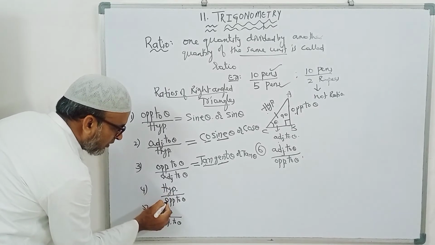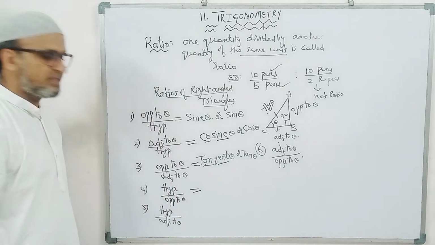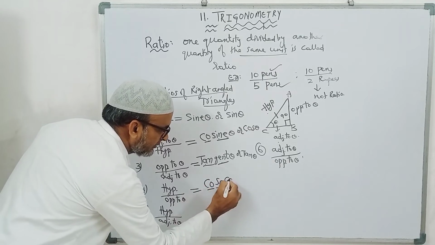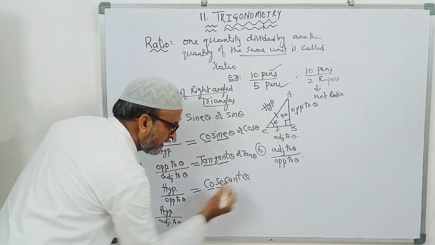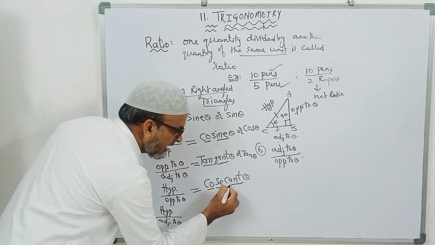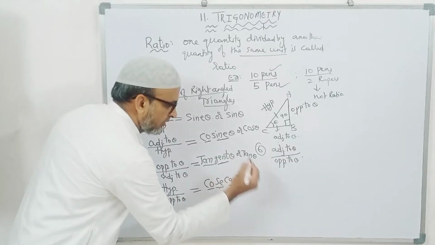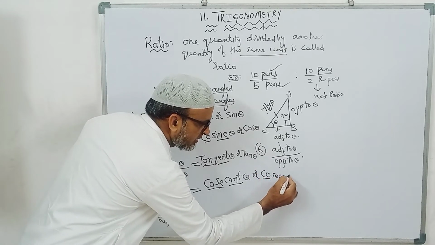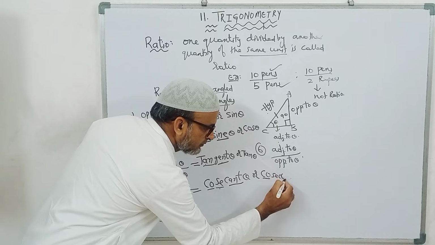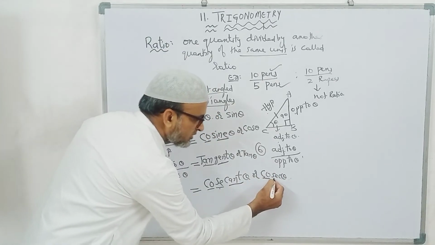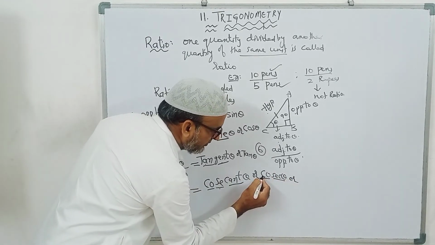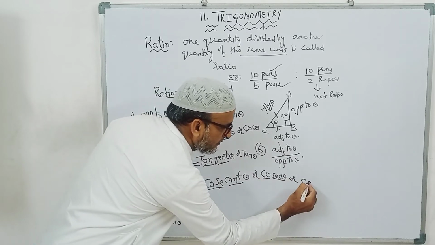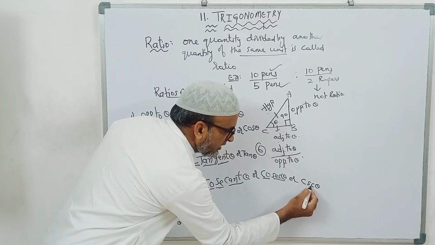If you see this type of ratio, this is called cosecant theta. Cosecant theta, or shortcut cosec theta. Cosec theta, or in some books CSC means cosec theta.